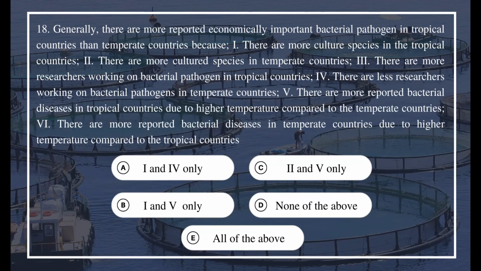There are more reported bacterial diseases in tropical countries due to higher temperature compared to the temperate countries. 6. There are more reported bacterial diseases in temperate countries due to higher temperature compared to the tropical countries. A. 1 and 4. B. 1 and 5. C. 2 and 5. D. None of the above. E. All of the above.